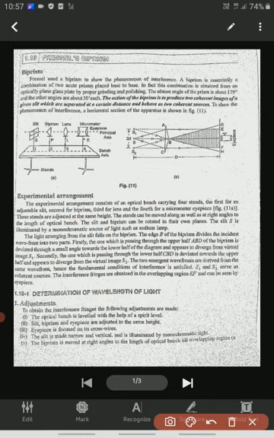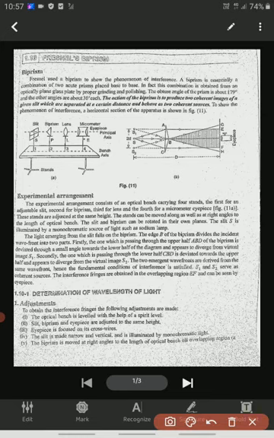What is the main purpose of the biprism? You should know this. The main purpose of the biprism is to produce two coherent images.